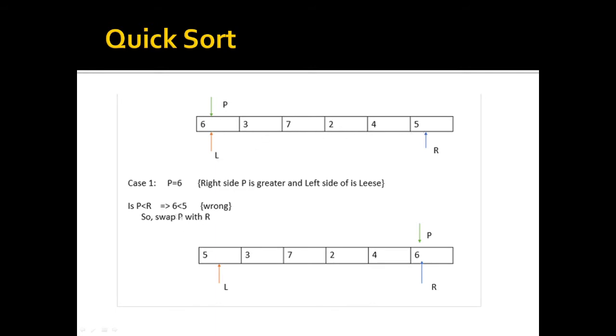So what do we do? We swap their places. Our pivot now becomes this element, and we swap their places, so this becomes 5 and this becomes 6.